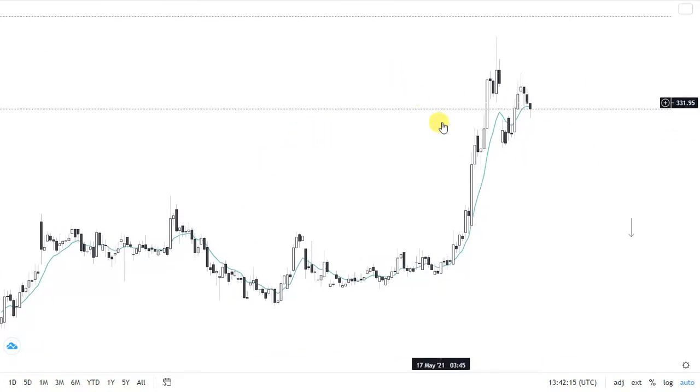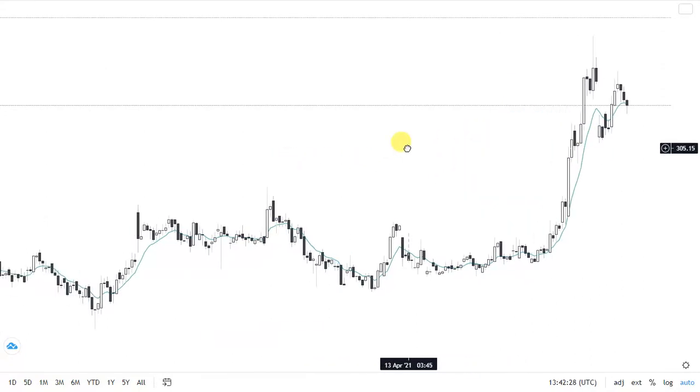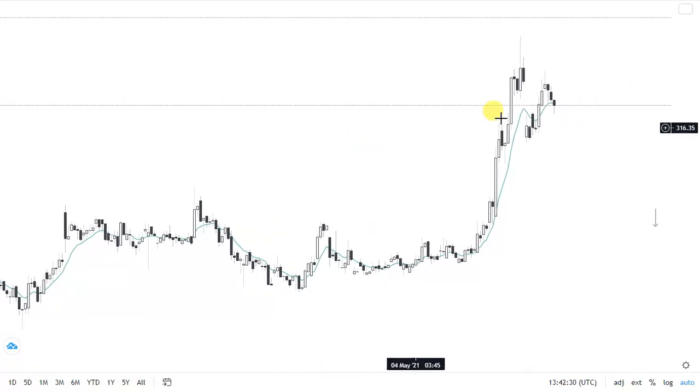Here we have a bearish pattern, a bearish structure, and this market in its move left a gap here, and this gap has not been filled yet.